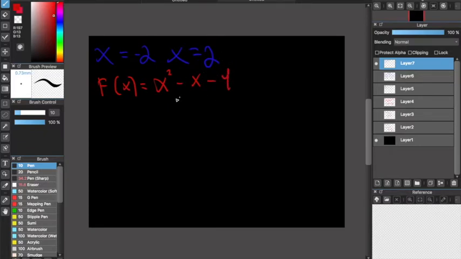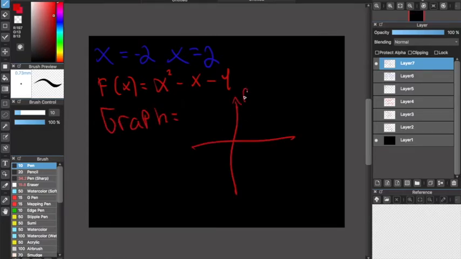Remember the 4. And then we're going to put it in a graph. And then let's put f(x) here. And then x equals minus 2, we're going to put it here. And then x equals 2, it's going to be here, for example.